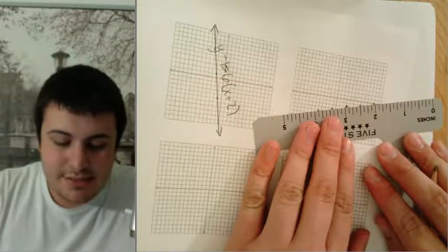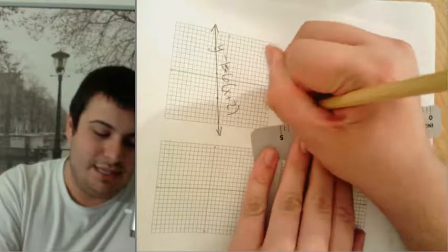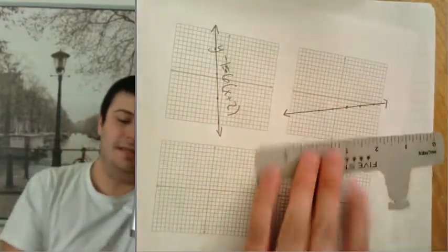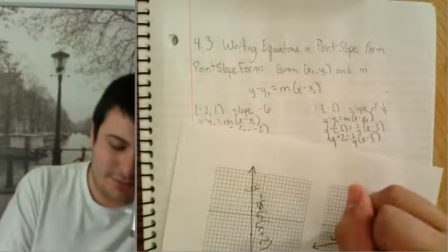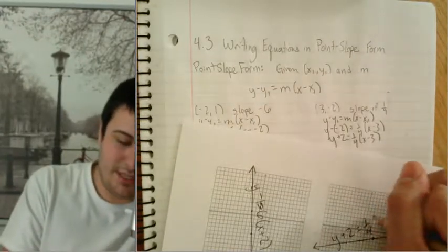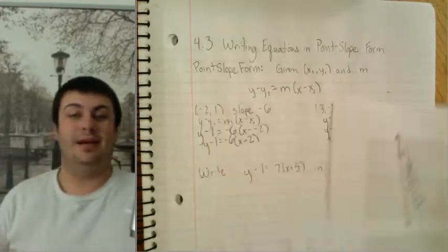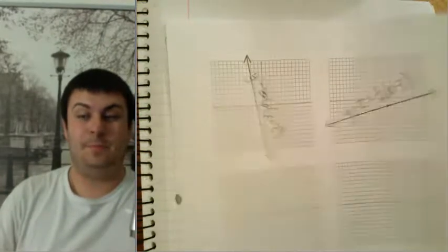I take my straight edge, I make a graph that goes clear from one side of the plane to the other. When I make my line, I write my equation, y plus 2 equals 1/4 times the group x minus 3. So we can write equations in point slope, and we can graph in point slope.